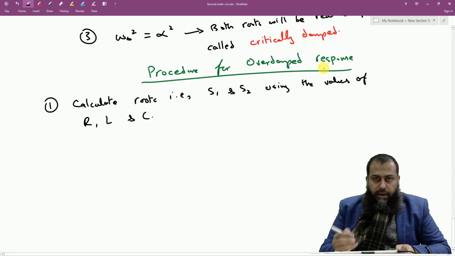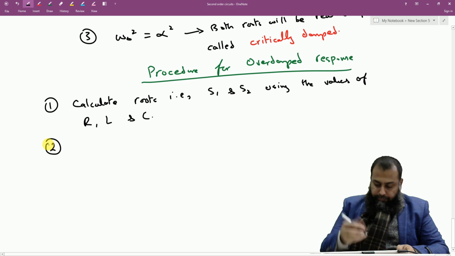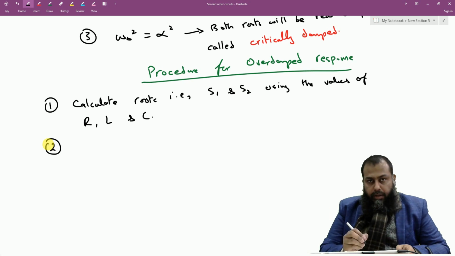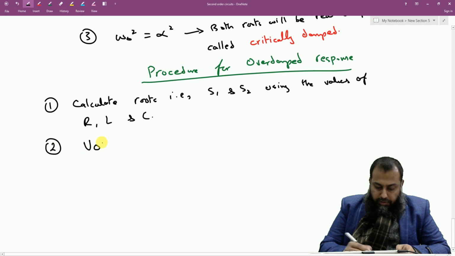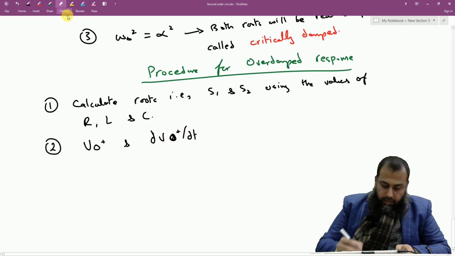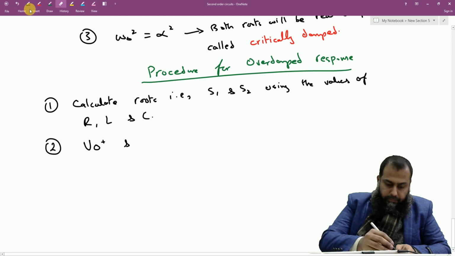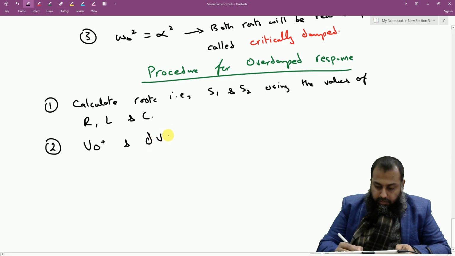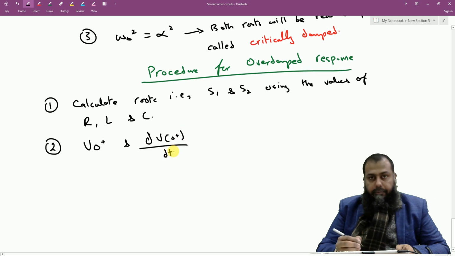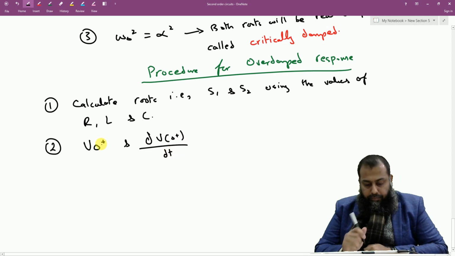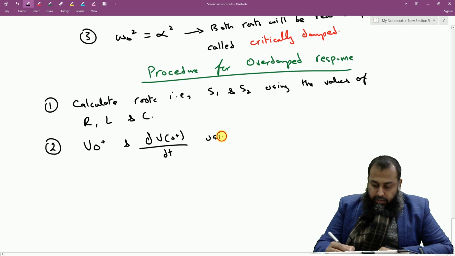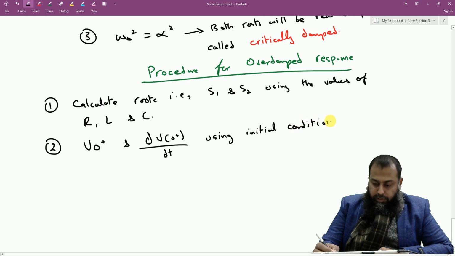But considering this overdamped response, the next move is to find the initial conditions of the given circuit, and for that we require V0 positive and dV0 positive over dt. How can we find these? By using the initial conditions.